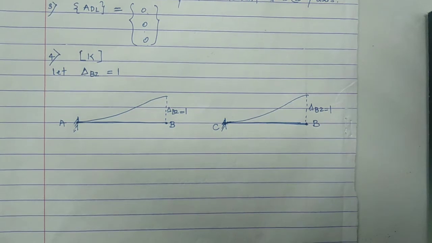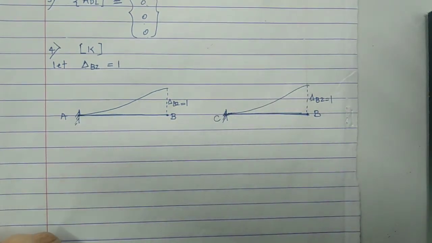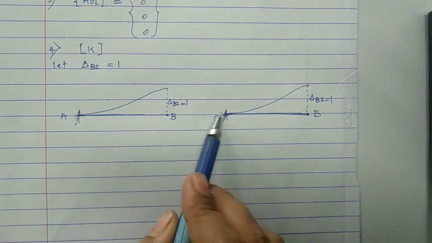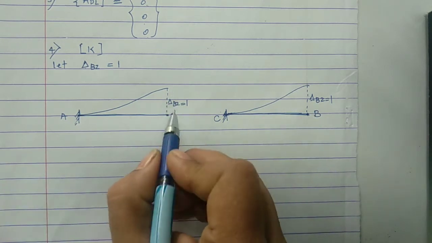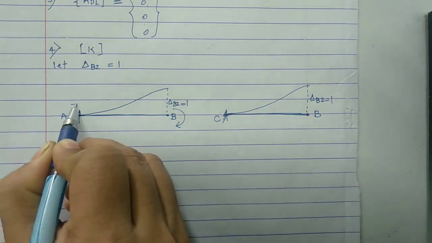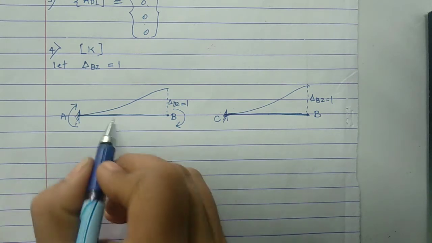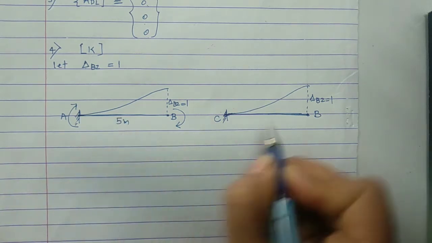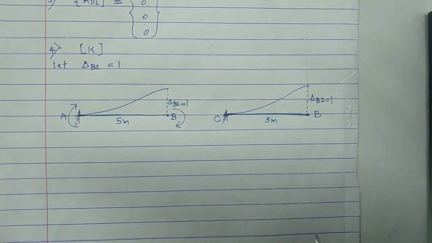Once these deflections are fixed, now calculate the sinking moments, that is 6 EI upon L square at both the ends, and their associated reactions. Here the moments will be in clockwise direction, magnitude 6 EI upon L square. The length of AB member is 5 meter and the length of CB member is 3 meter, as given in the problem statement.